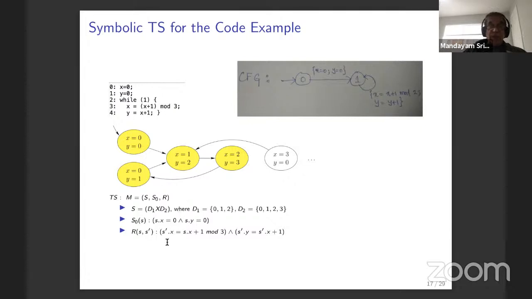And the transition relation is... okay, the initial state in this case is where both x and y are 0. Each transition here corresponds to the execution of the body once in the iteration of the loop.